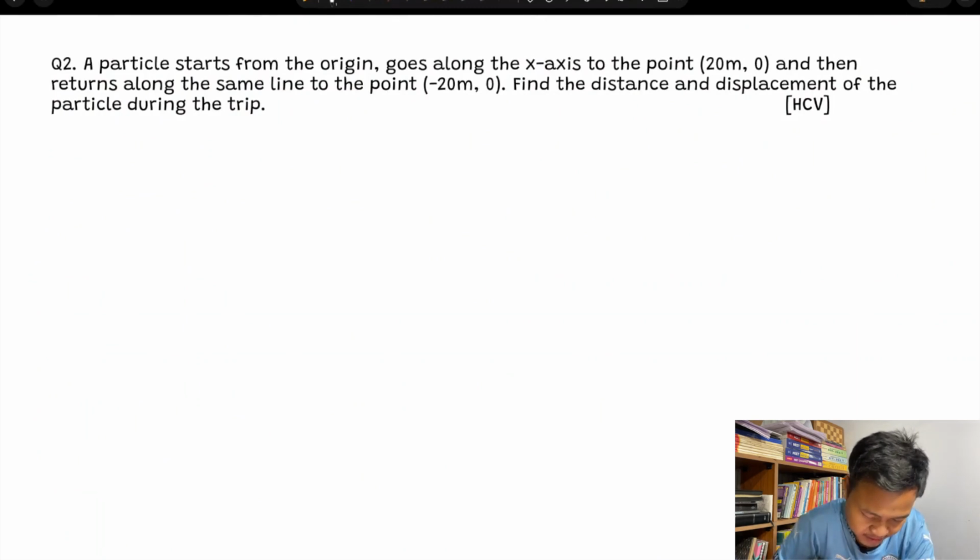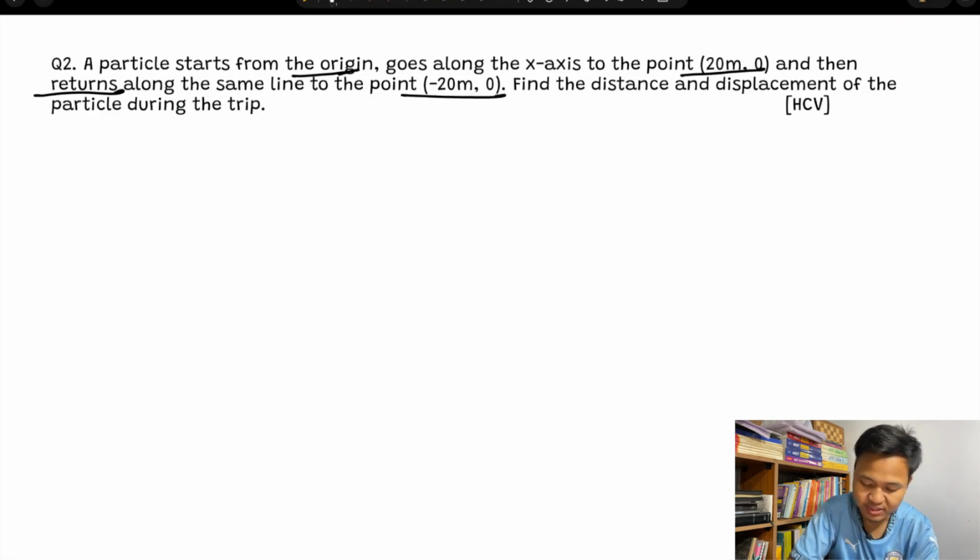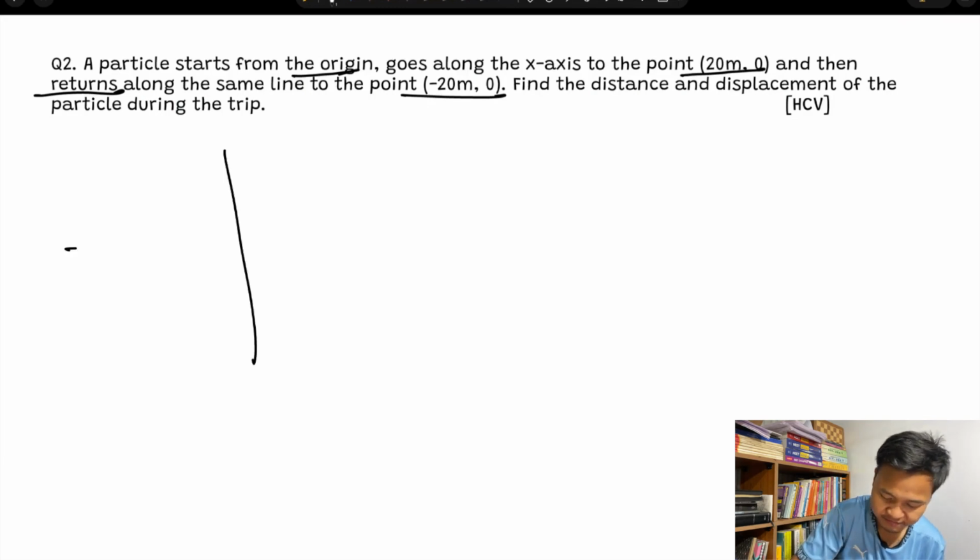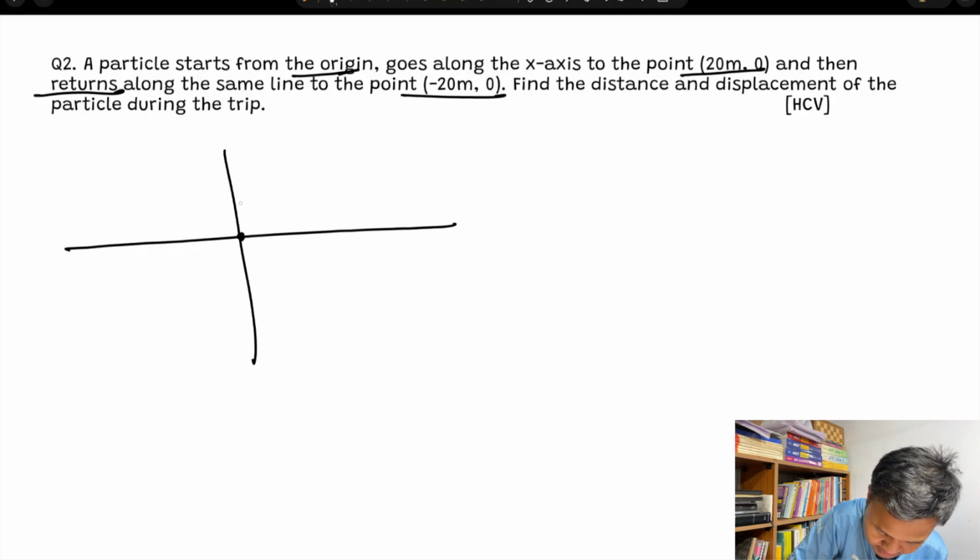A particle starts from origin, goes along the x-axis to a point (20, 0), and then returns along the same path to the point (minus 20, 0). The question is to find the distance and the displacement of the particle. So simply draw the graph. Origin is at (0, 0).